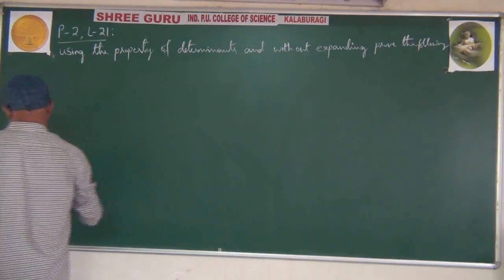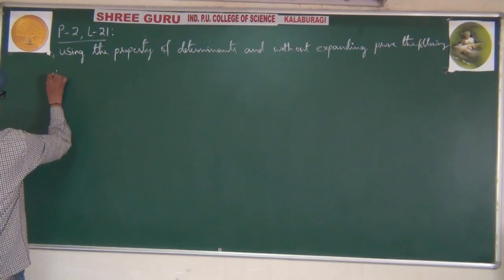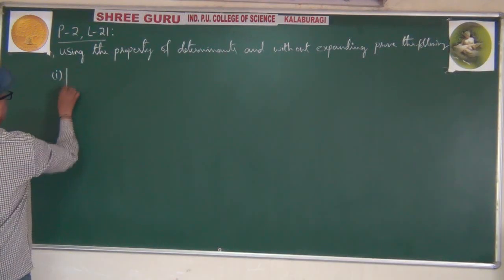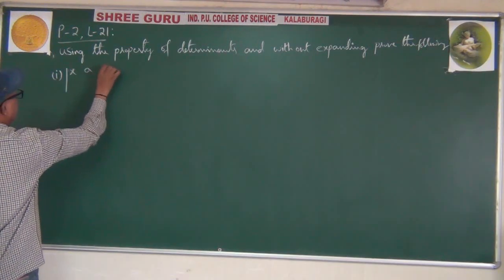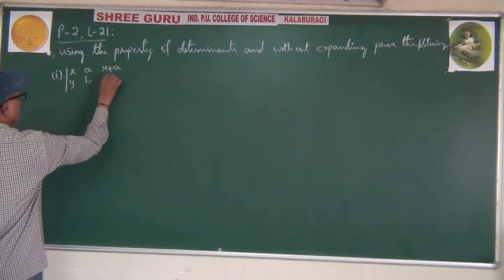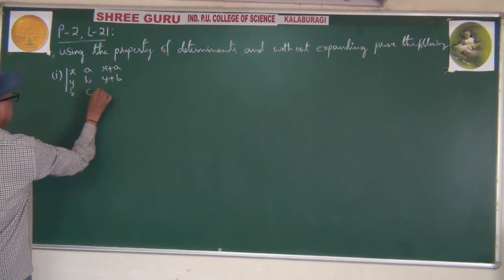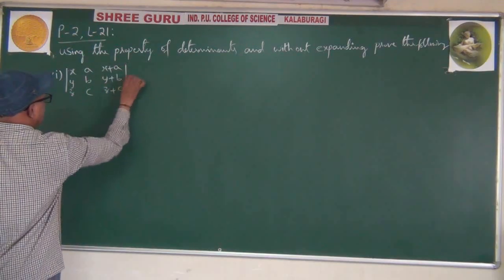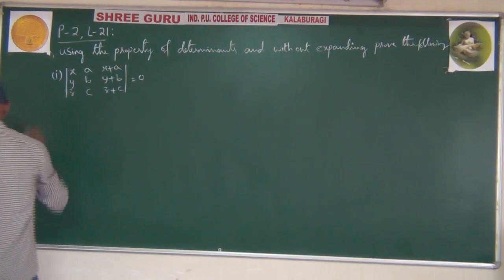First sub question: determinant with rows x, a, y, b, z, c, and x plus a, y plus b, z plus c equals to.